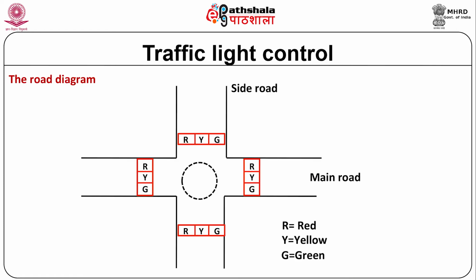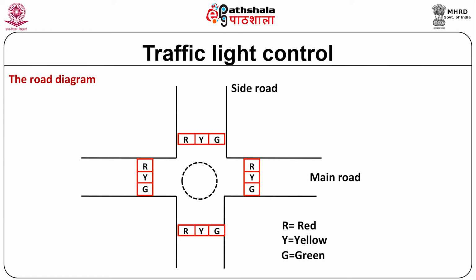Let us now talk about the case study of a traffic light control system. Consider a situation where traffic is to be controlled at a junction of a main road and side roads. The main road has heavy traffic and a side road has less traffic. At a time, only one road's traffic will go in all directions.